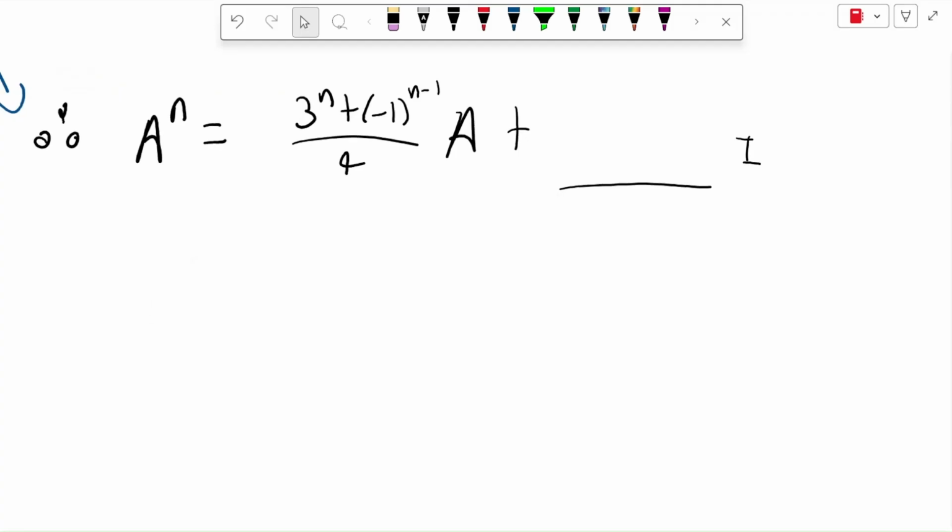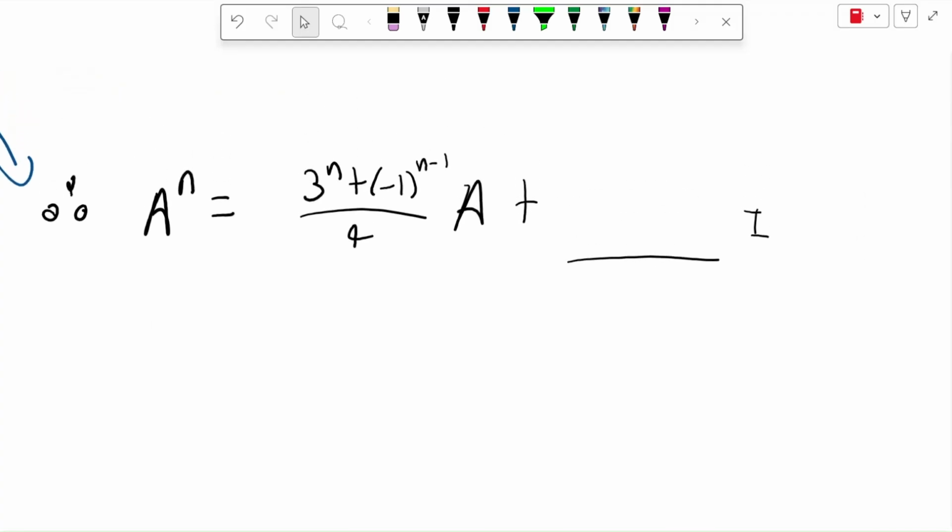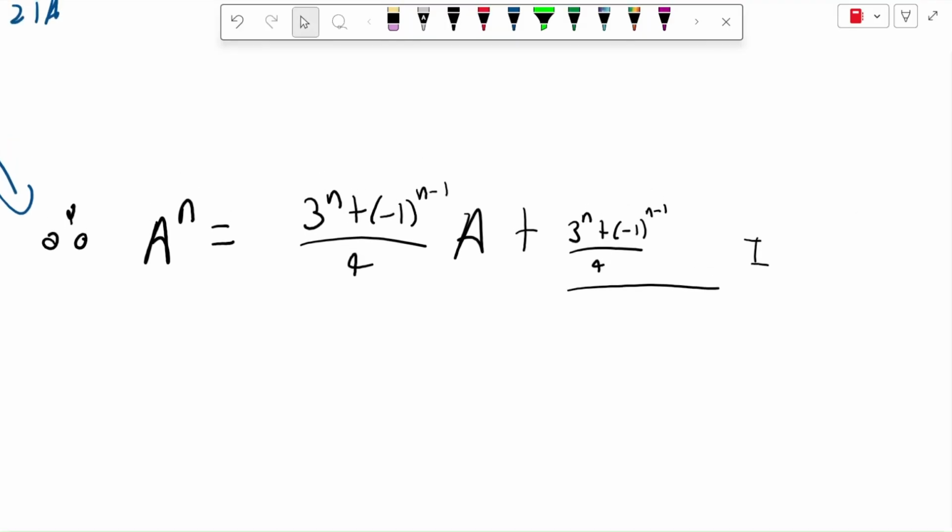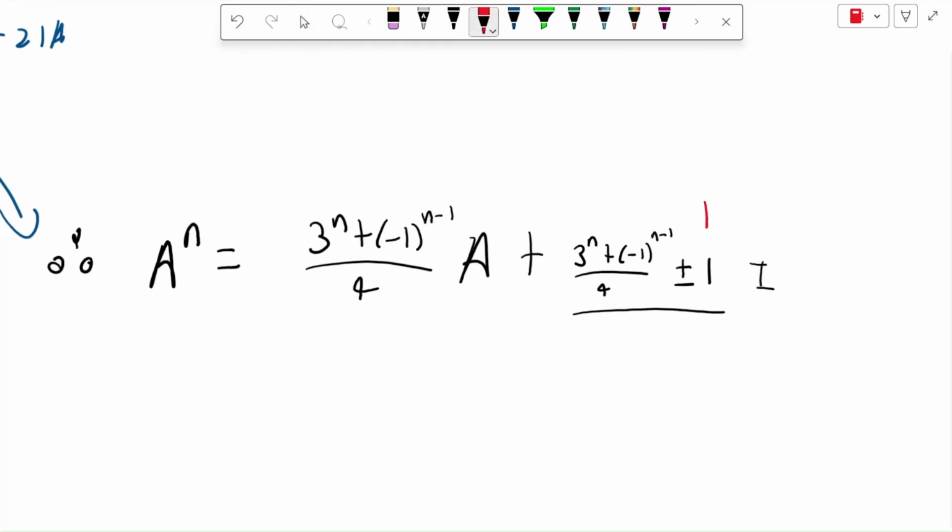Okay, so it looks like it should be 3 to the n plus negative 1 to the n take 1 all over 4. Now, I'm just going to put plus or minus 1 here. So I'm going to say plus 1 if n is even, and it's minus 1 if n is odd.